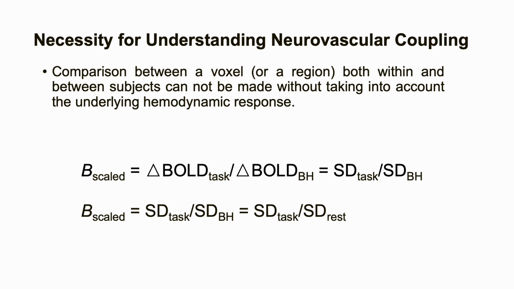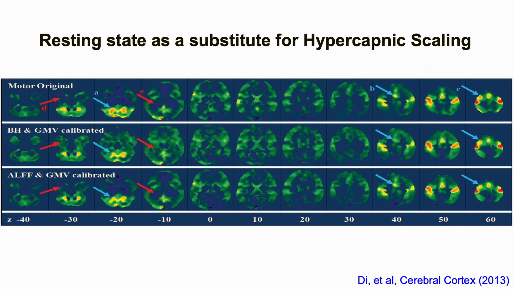And so we had the hypothesis that because the underlying hemodynamic function, whether someone is at task or rest, is the same, perhaps one could also use this instead of doing breath holding.